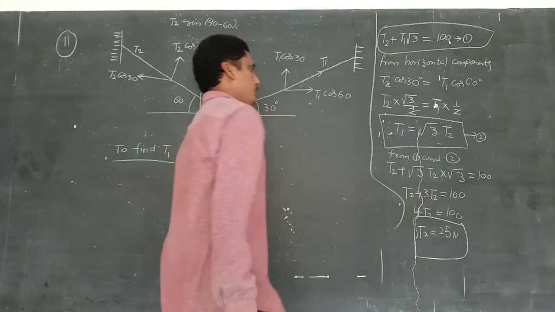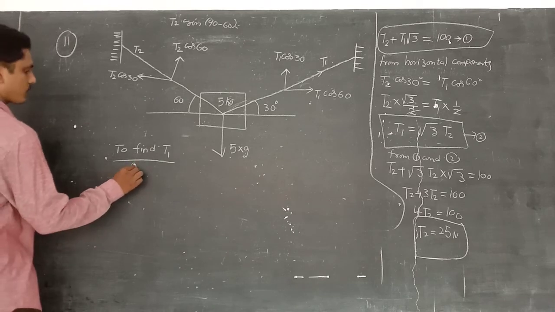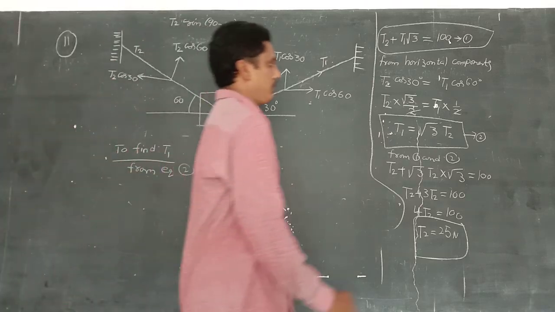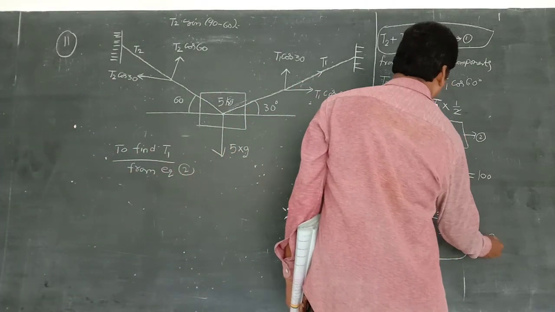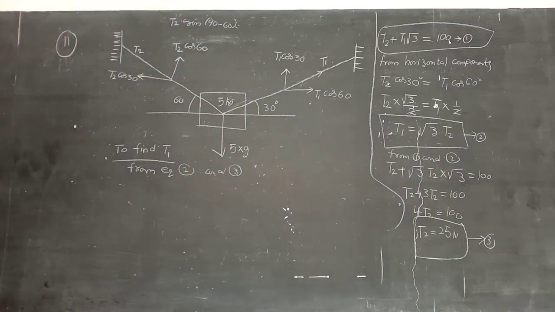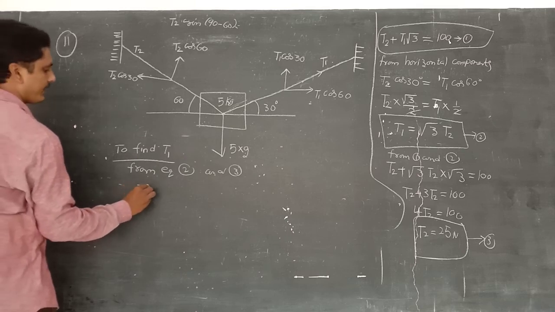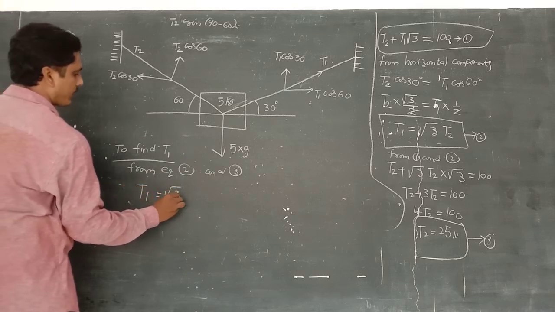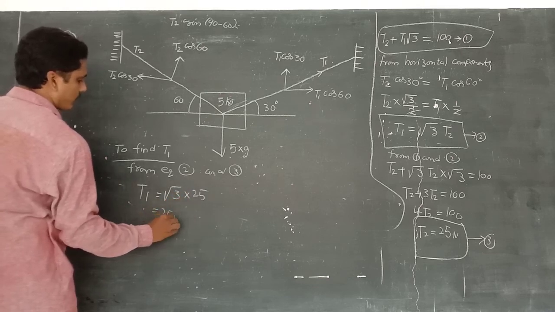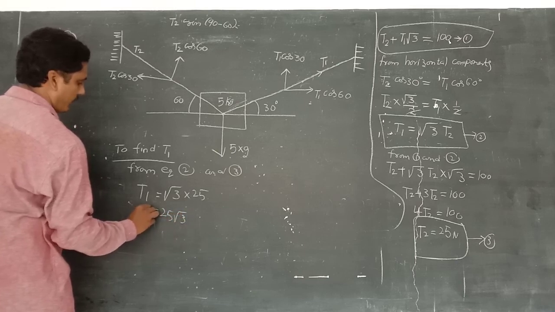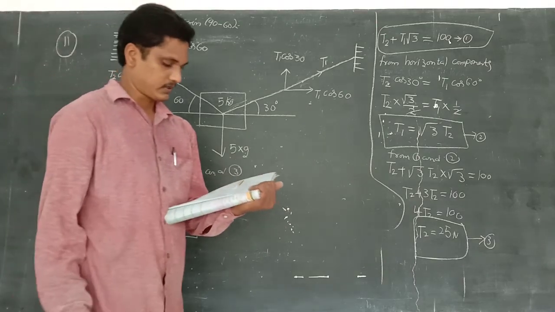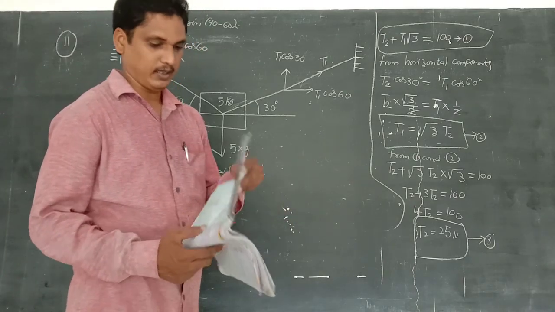From equation 2, substitute T2. T1 is equal to root 3 into 25, that is equal to 25 root 3. This is T1. The third option is correct.